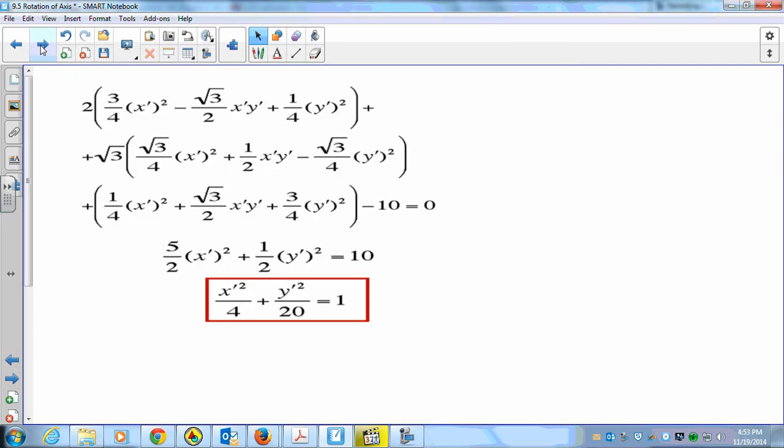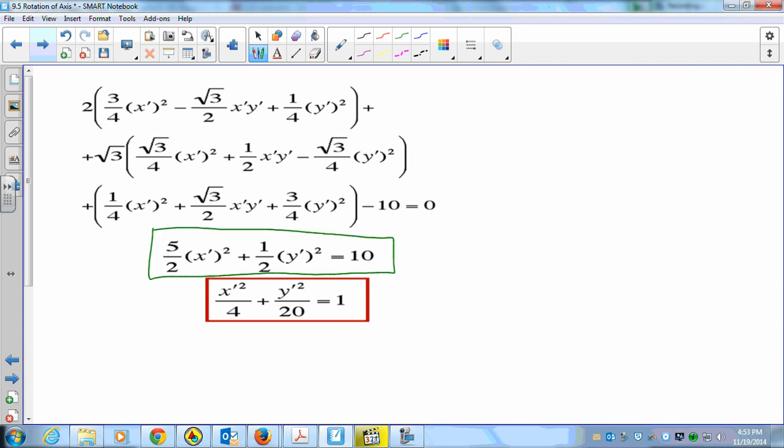So I finish off right here, and we just move this 10 over to the other side here, and now I want to make sure I get this equal to 1, so I divide both sides by 10, and there's my conic. And other than the primes, this looks exactly like what we've done before.